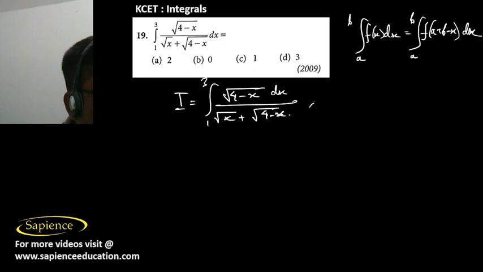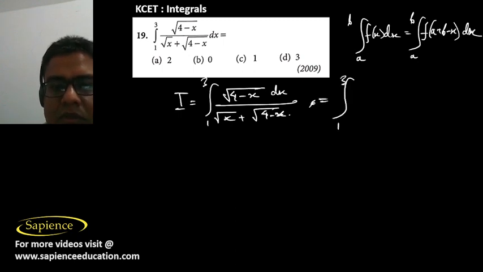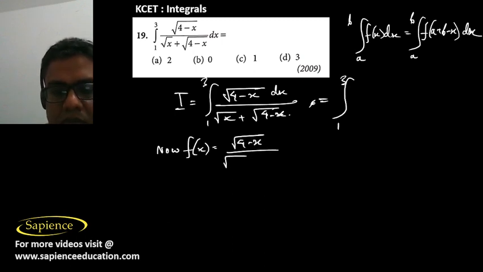Okay. So now this integral we can write from 1 to 3. This is f of x, so f of x is root over 4 minus x divided by root over x plus root over 4 minus x.